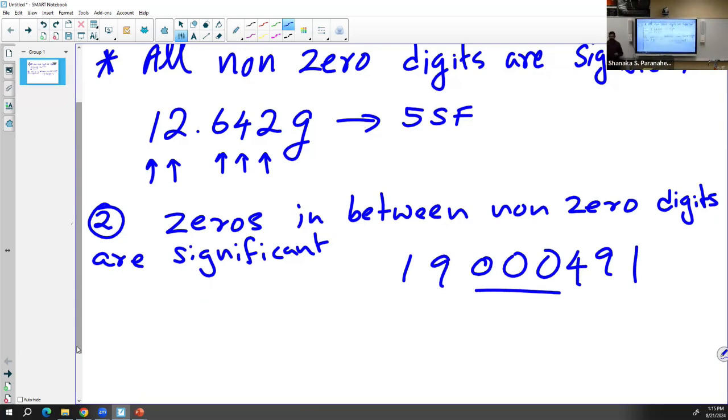Those zeros are significant zeros. So in this number, there are 1, 2, 3, 4, 5, 6, 7, 8 digits, and all digits are significant. 8 significant figures or significant digits.